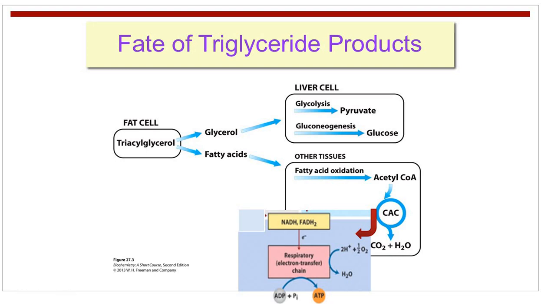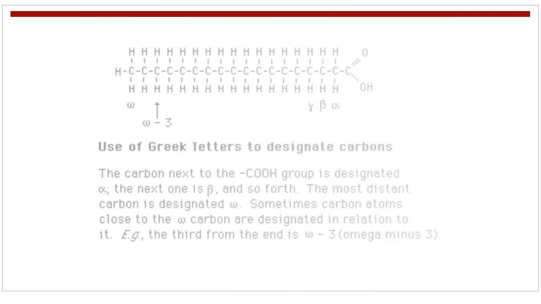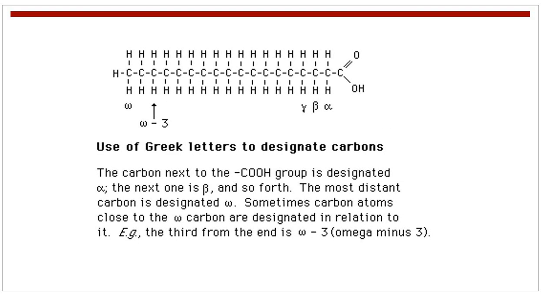Now let's understand what the beta position means. As we have already discussed the structure and classification of fatty acid in our previous lecture, it contains a hydrocarbon chain and an acidic functional group. The carbon which is adjacent to the carboxyl functional group is alpha and the second carbon is beta and then gamma.